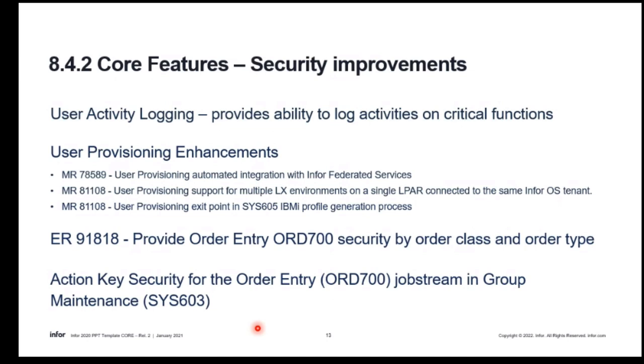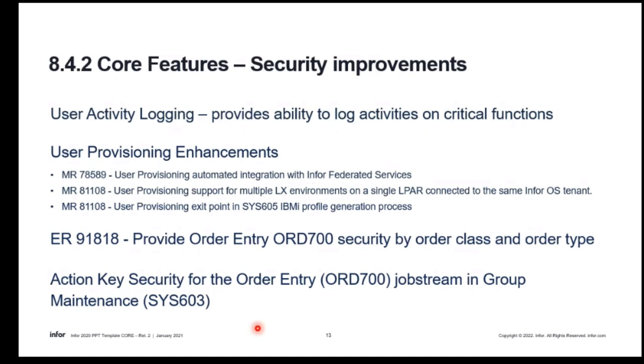We've added some things to security for Word 700, so you can limit the types of order classes or types users can use. And then we've added action key security to Word 700. This is a big thing. It's a simple thing for us to do, and I want to remind customers of the opportunity for this because it's not everywhere in the application.